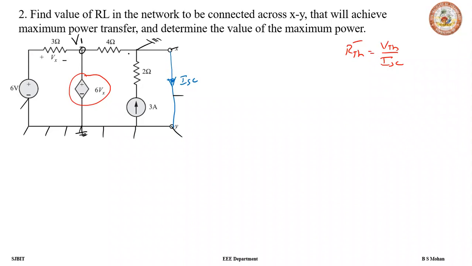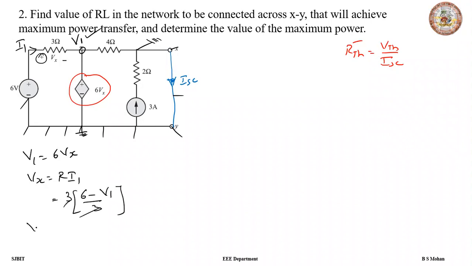Thus we have only one junction, that is V1, and we can simply say by nodal that V1 is equal to 6Vx. And then what is Vx? Let us assume the current, let us call this I1, and this I1 hits positive, thus we take this as plus R into I1. What is R? R is 3, and I1, as we've solved earlier, is 6 minus V1 divided by 3.